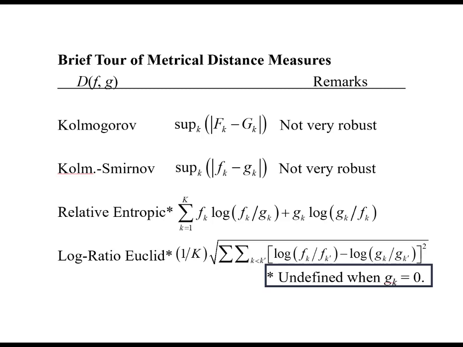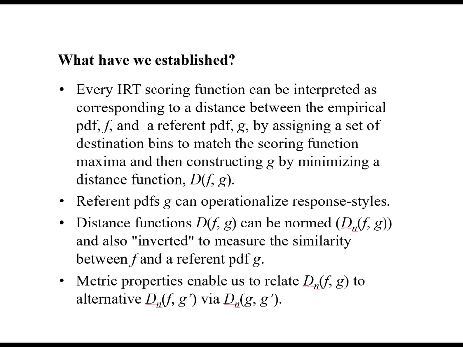And unfortunately, some really attractive metrics, like the ones based on a Kullback-Leibler distance, are not able to handle zeros. So we would have to do something like adding a small constant to the zeros, for instance, to allow them in.